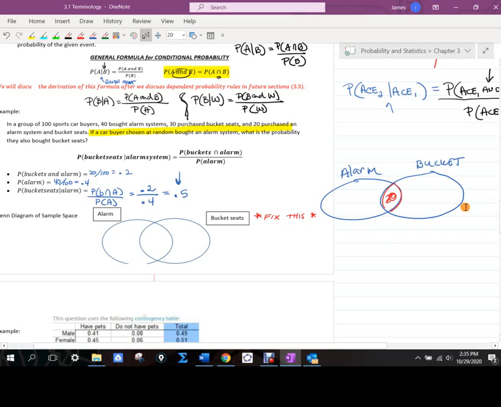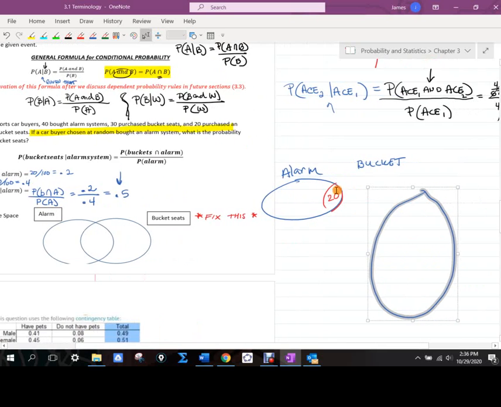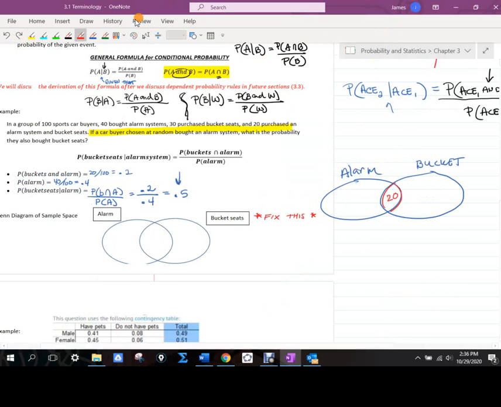Now, how many bought alarms? 40. Would you agree that I've already got 20 in here of that 40? Does that make sense? That's where the picture I had drawn at the beginning gets a little confusing. So I'm just going to put 20 there. Only these 20 have just an alarm.